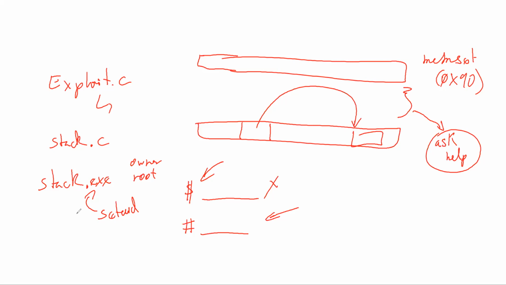Not another process, no. But we did something for it to work. To get the root shell in the SetUID lab, we had to do something. Even if it was root owned, even if it was SetUID and executable, we still had to do something to get that root shell. What was that? Did we have to change the permissions on the file? The permissions, if we make it SetUID and root owned, yeah. But what else? There's one more thing.